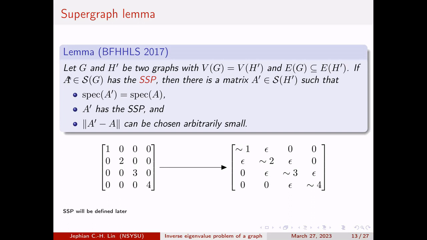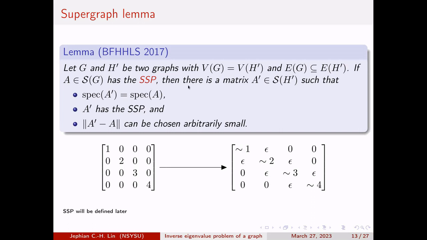So here is the statement of the lemma. Let G and H prime be two graphs. You can imagine G is the 4 isolated vertices and H prime is P4. They have the same set of vertices, and H prime has a few more edges. Suppose for the smaller graph I have a matrix A that satisfies a condition called SSP, to be defined later.